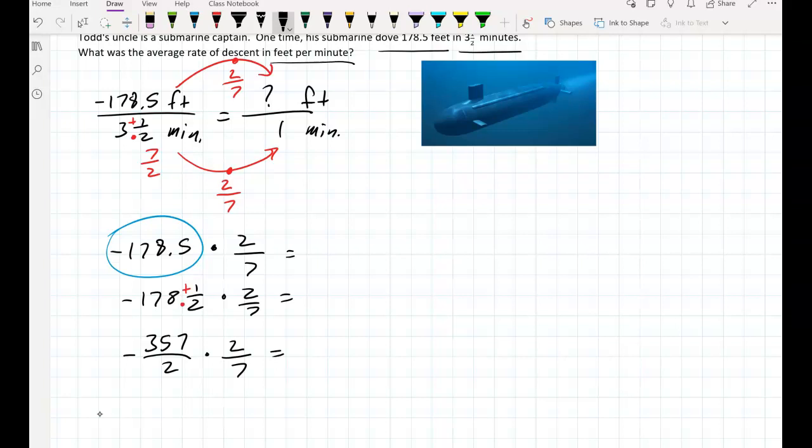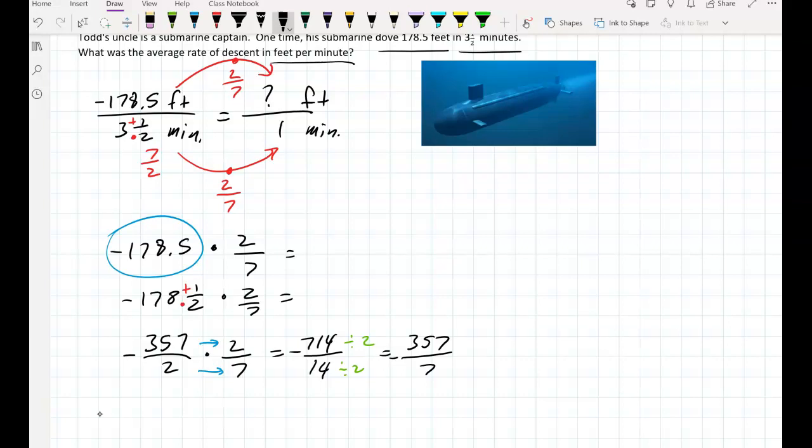And then when I multiply straight across, I get 714 over 14. Now those are both even numbers, so I can divide both of them by 2. And 714 divided by 2 is 357. Oh, remember this is negative. And 14 divided by 2 is 7.